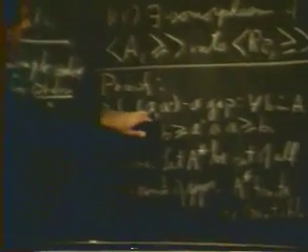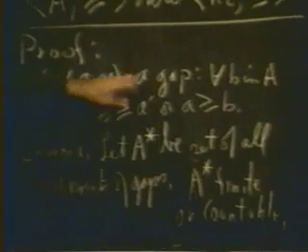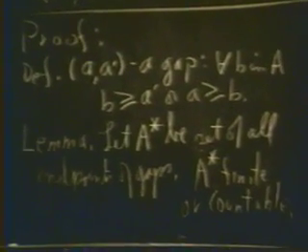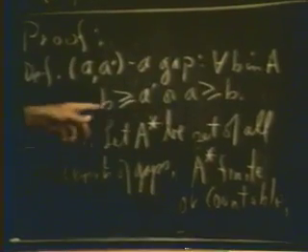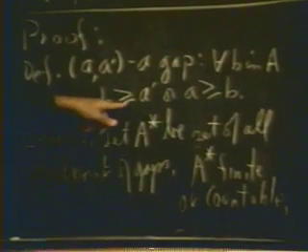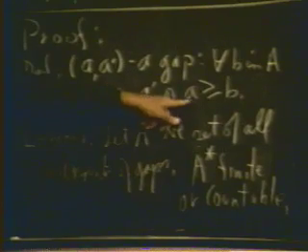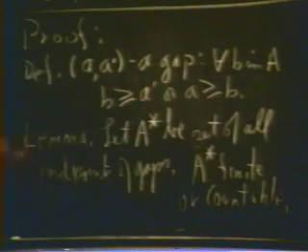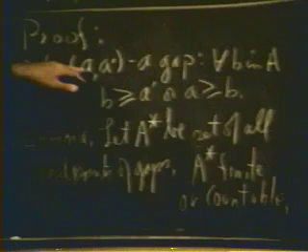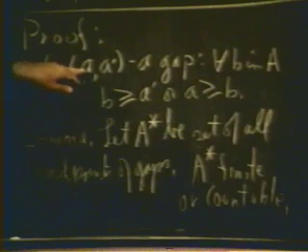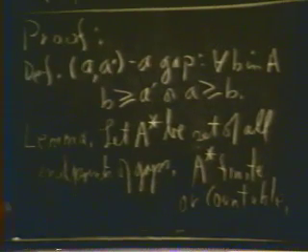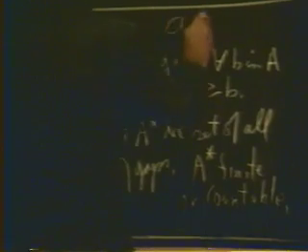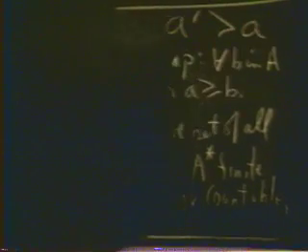We say that a pair a, a prime is a gap if we have the property that for every b in A, b is at least as great as a prime, or a is at least as great as b. It follows from that, of course, that we also want a strictly less than a prime. We can put here a prime strictly greater than a.